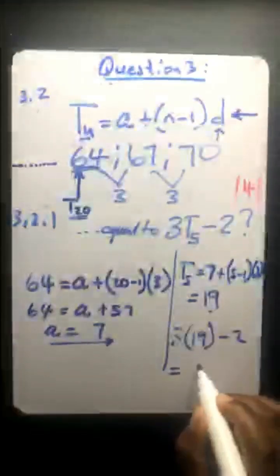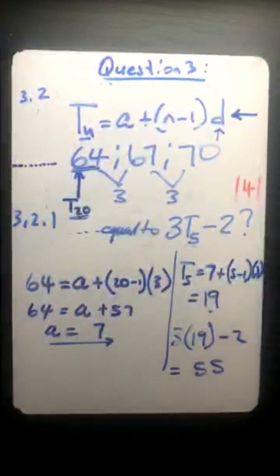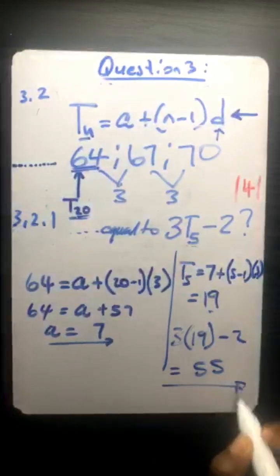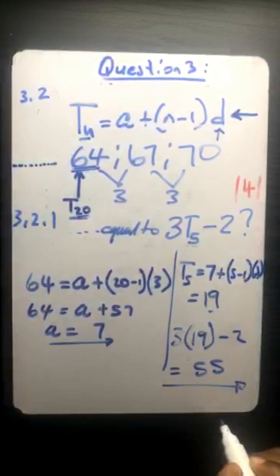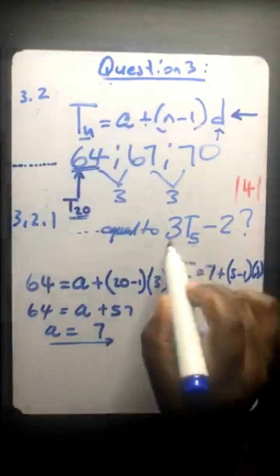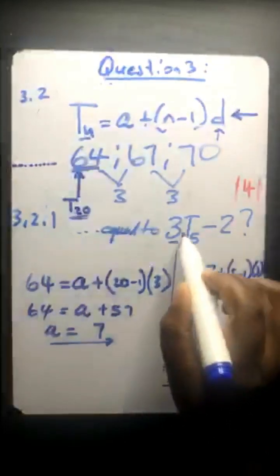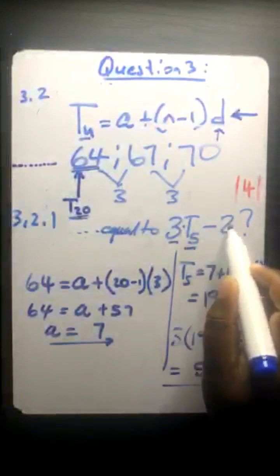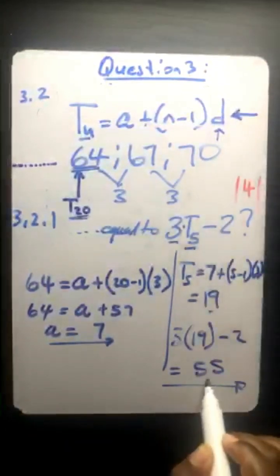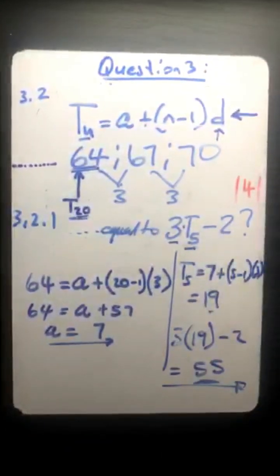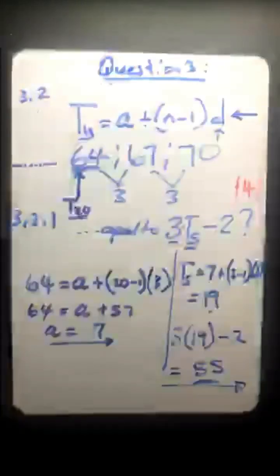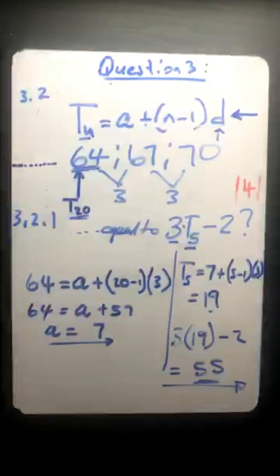Someone is saying 55. So 3 times term number 5 minus 2 is equal to 55.